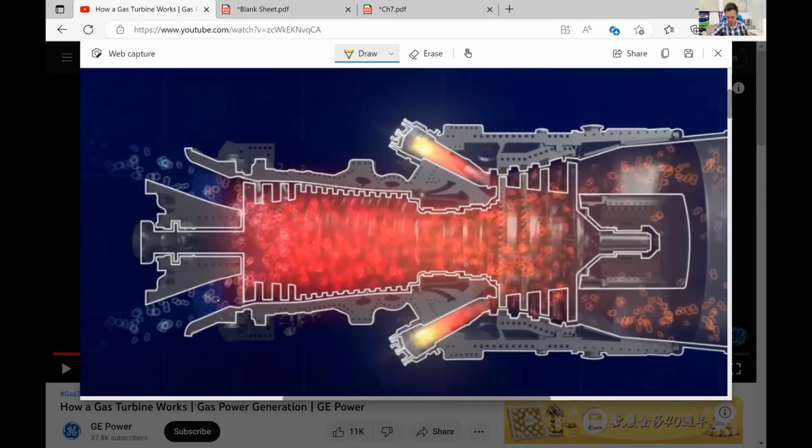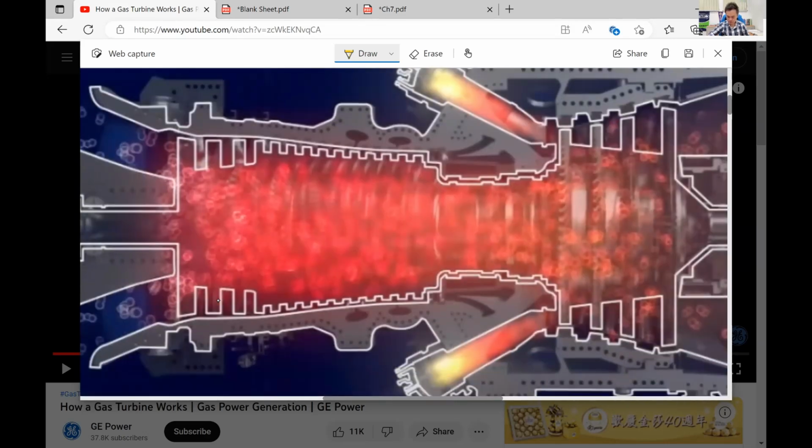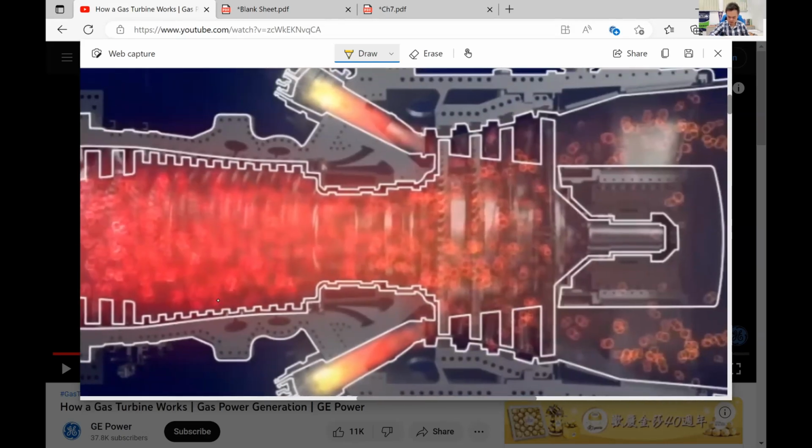Probably not very clear, but I think it's still visible. See this gear-like stuff? Okay, there's a tiny blade like this. Okay, I clean this. Okay, so this is the turbine blade.